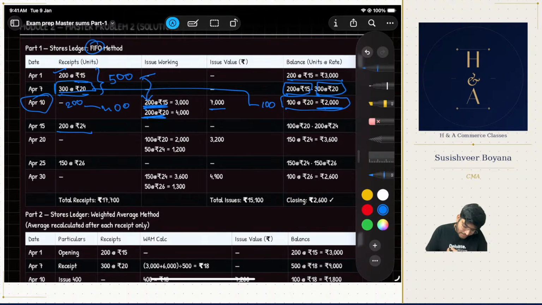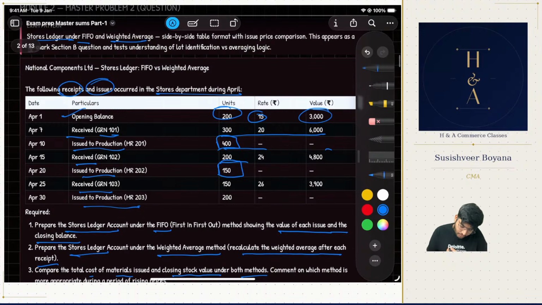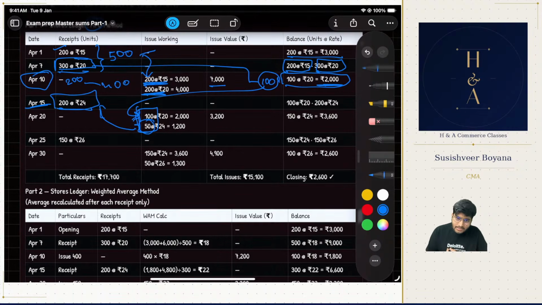Similarly, we get stock. We add the entire stock. Once we get the stock, there is an issue of 150. Sir, this 100 has to be utilized first, and the balance 50 should be coming from April 15th stock, right? Great.